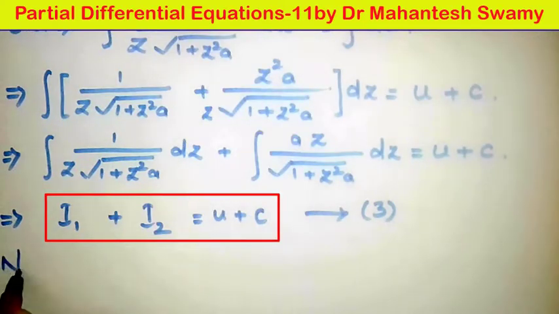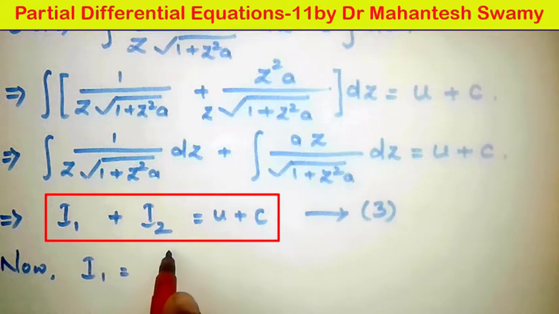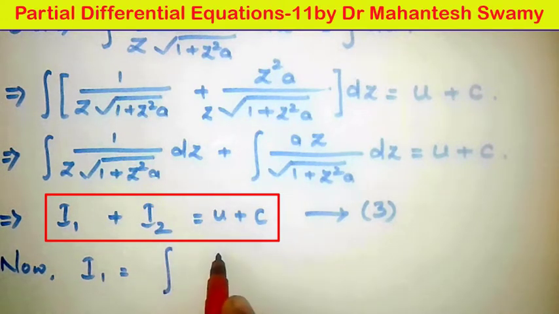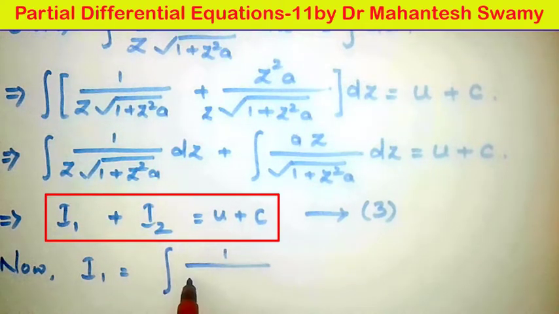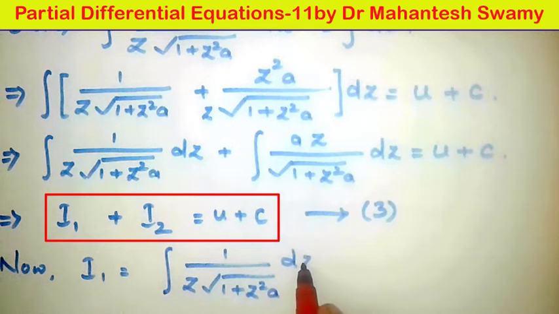Now consider I1. So what is I1? I1 is integral of, in the first step we shall keep it as it is, 1 divided by z root of 1 plus z square a with respect to z. Now here we can take z square common and this is integral of 1 divided by z as it is here, and here it is z square.